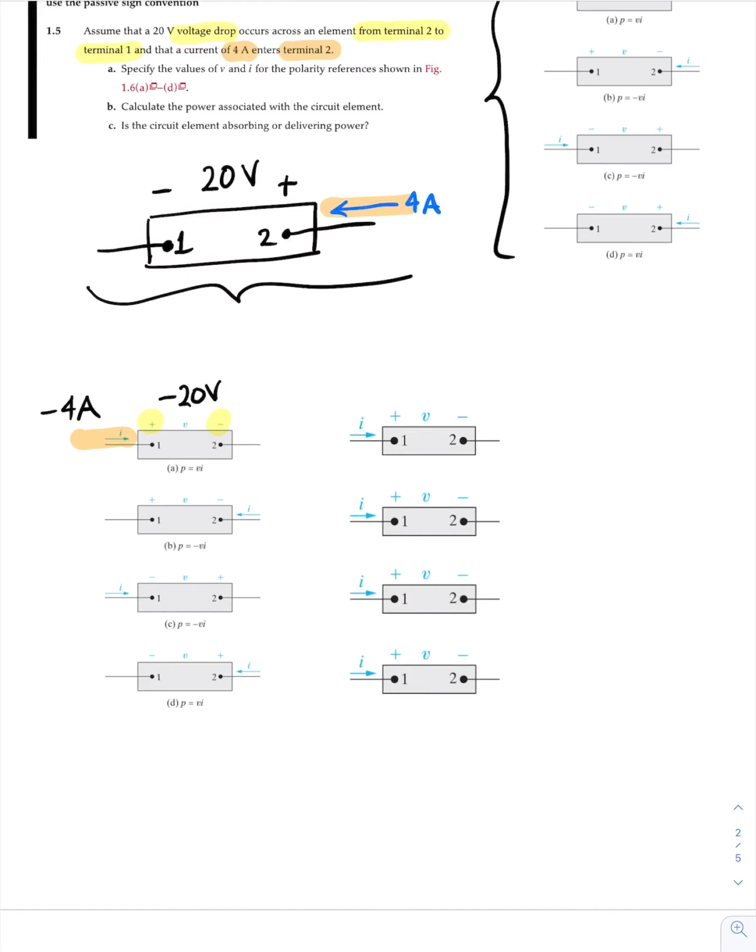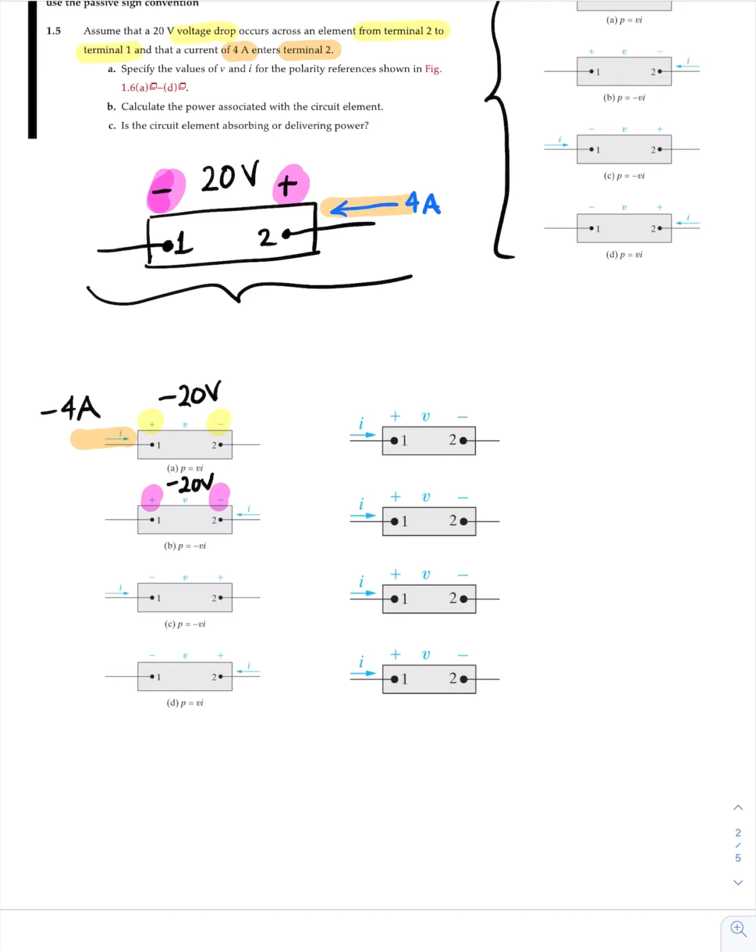Our voltage polarity, again, is positive at terminal 1, negative at terminal 2, which is the opposite of our defined. So we change the sign, and that would be minus 20 volts.